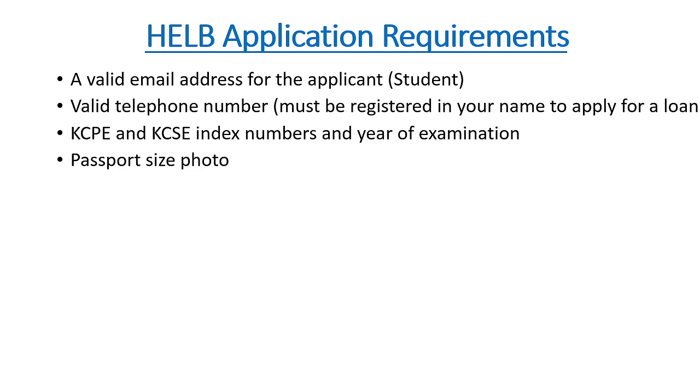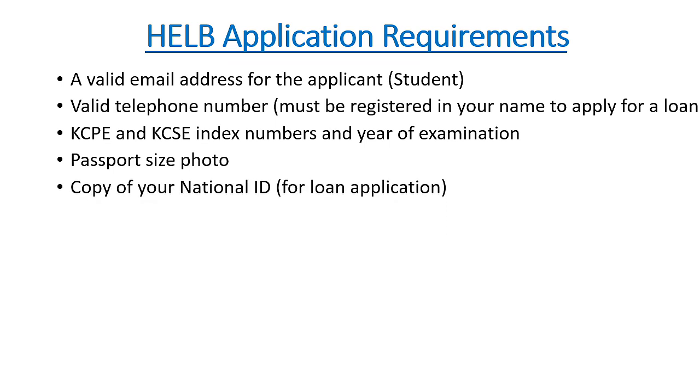Now, also ensure that you have your index or their KCSE or KCPE index numbers for the year of examination. Remember, this is for the first applicants, right? Passport size photos is very, very important, right? And then have a copy of your national ID for loan application. You also need to have an admission letter.